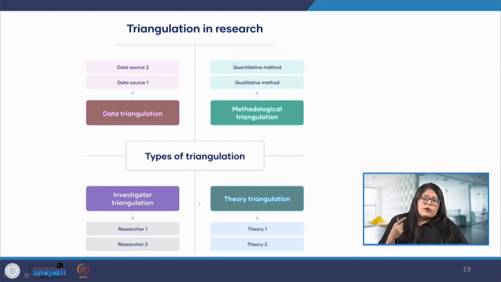When we have data from only one source or investigator, it may become difficult to say whether the data is trustworthy. But if data is from multiple sources or multiple investigators are involved, and the trends are similar, then we can be more certain of their credibility. So, triangulation helps us to get a more complete understanding of the research problem.